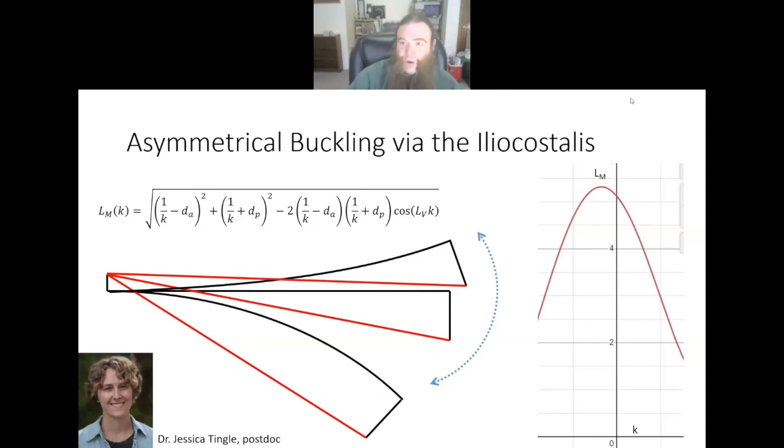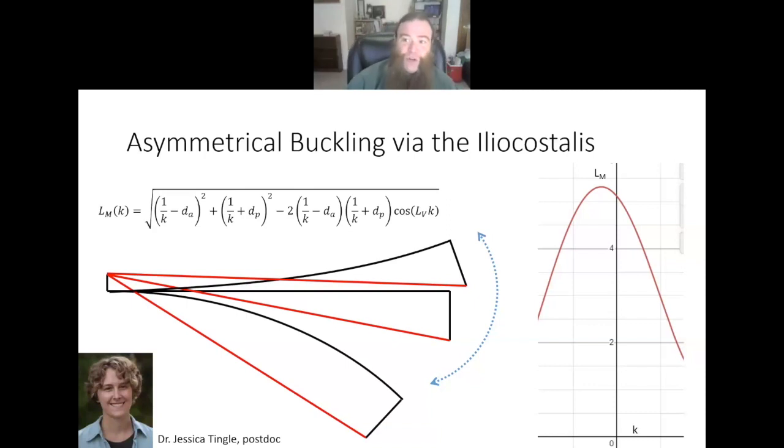We can plug it in, graph it, and we get this graph here on the right, where the horizontal axis is curvature to the left or to the right, and the vertical axis is muscle length. What we see is that by offsetting these attachments, we've created an asymmetrical system, where in order to pitch upwards, you have to stretch the muscle just a bit.